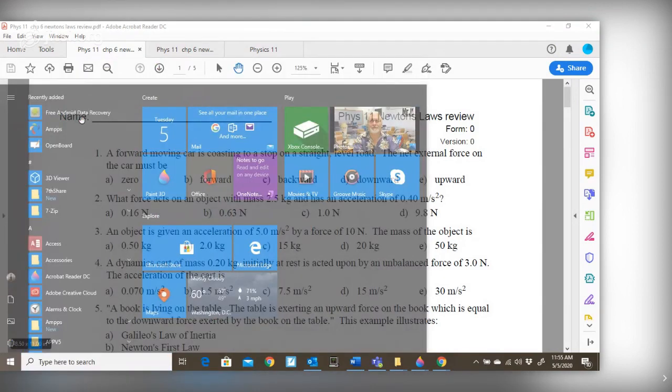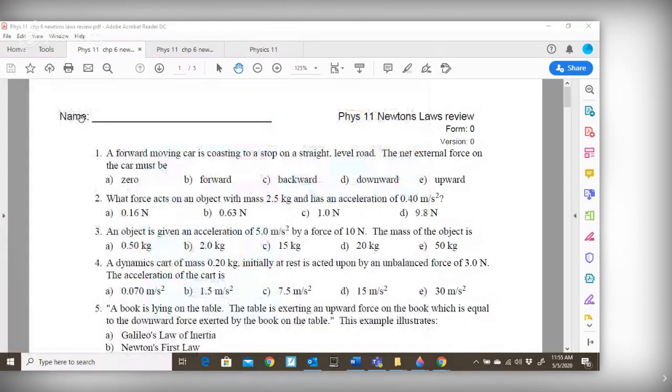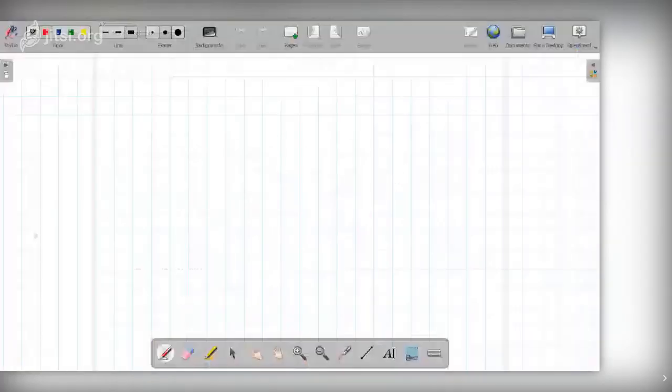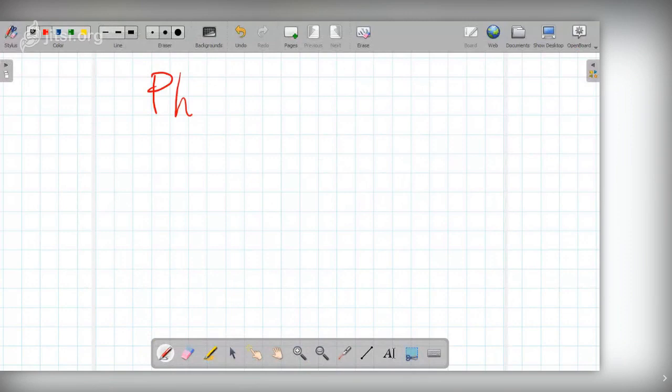So we're going to be taking a look at, just trying to start my software here. There we go. So we're going to be doing some Physics 11 type stuff. And hang on a second.